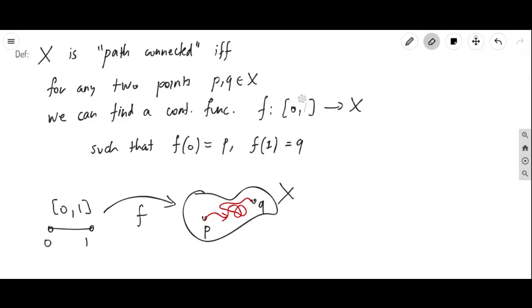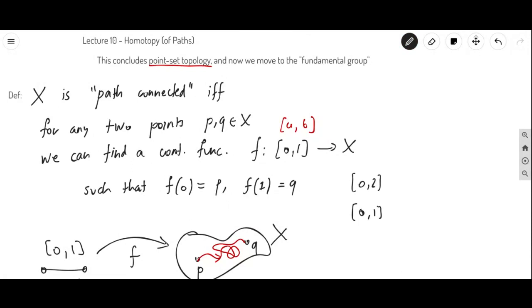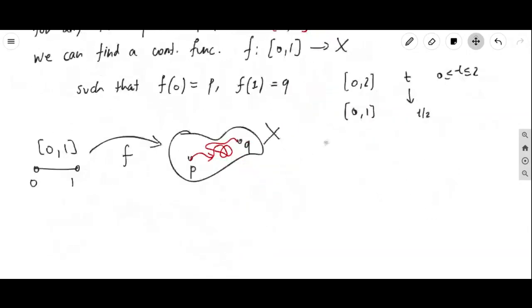You can of course have a path going from 0 to any other number, and in general you can have a path from A to B, but you can always rescale. So if you go from 0 to 2, you can go from 0 to 1, and then the time parameter, you would just replace it by, let's say, t over 2. So if the time parameter moves from 0 to 2, then by replacing t by t over 2, you're going to have time move from 0 to 1.